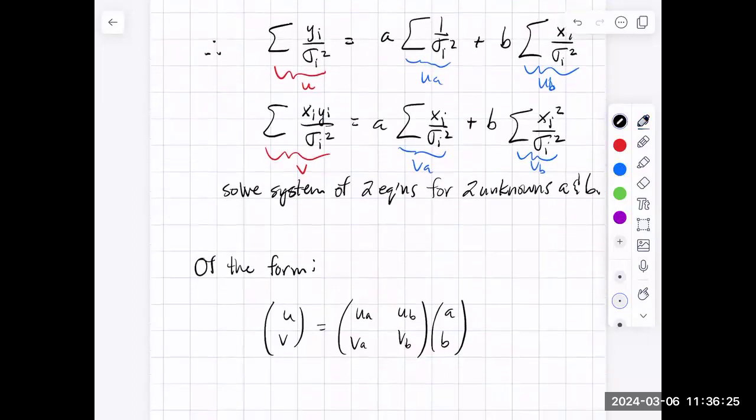Let's just do this matrix multiplication and show that it's going to have the structure written above, right?